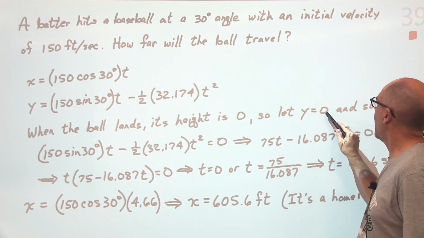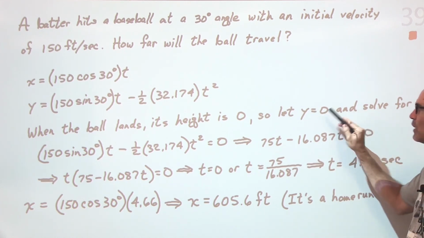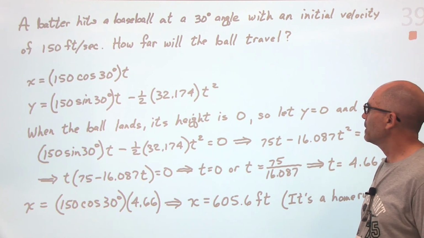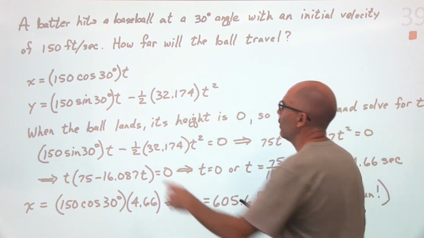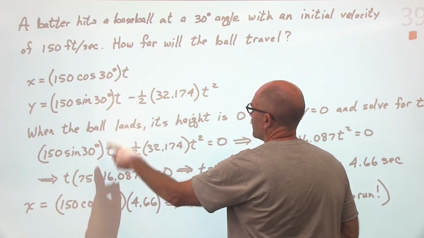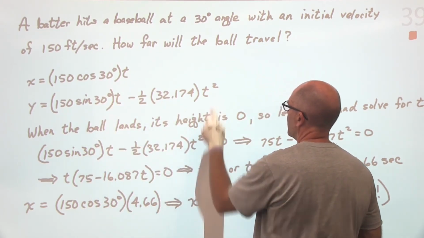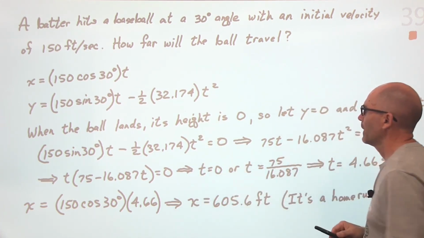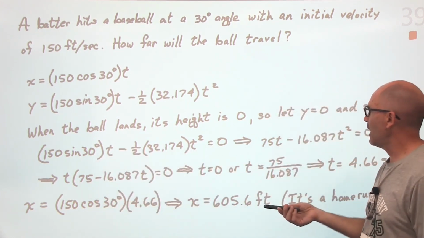So we're going to let y equal 0 and then solve for t. In other words, we're going to find out how long it took until it got back down to the ground. So I'm going to plug in 0 for y. So 150 sine 30 times t minus 1/2 times 32.174 times t squared equals y, which equals 0. So now I just have an equation with one variable, and that's time.